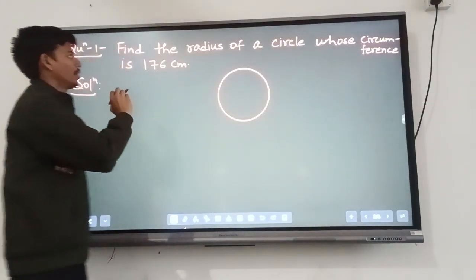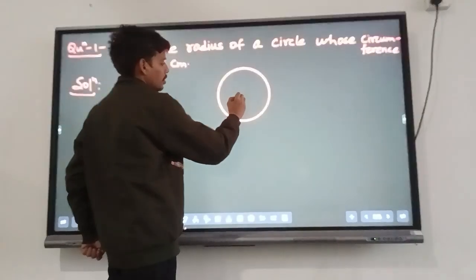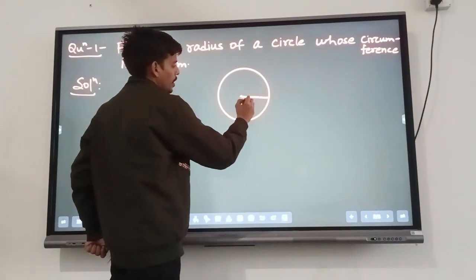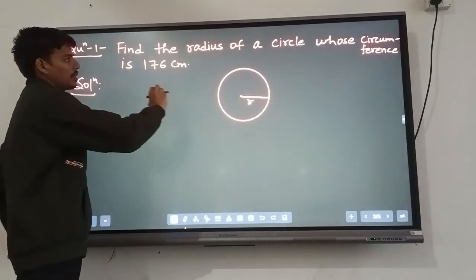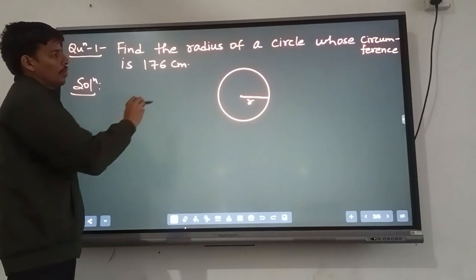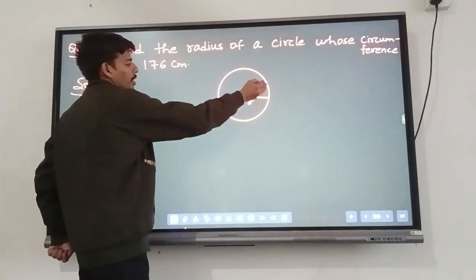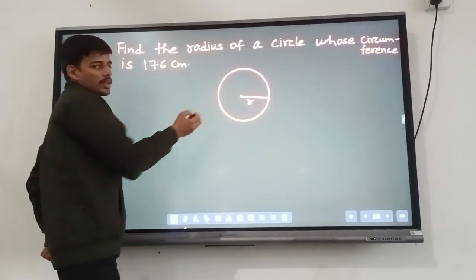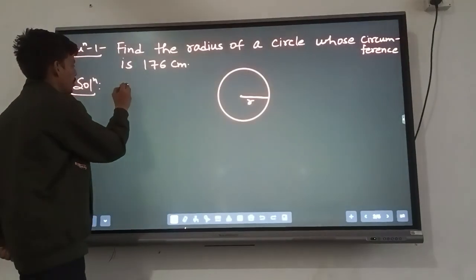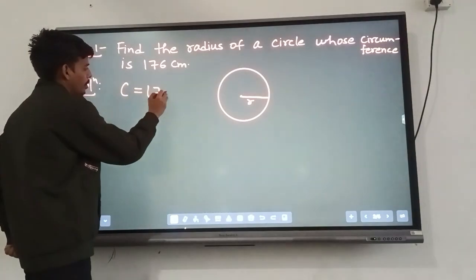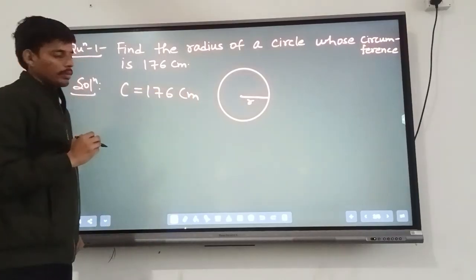The question asked about the radius of circle, means we will find the value of radius R. The value of the boundary, that is also known as circumference, is 176 centimeter. C equal to 176 centimeter. This value is given in the question.